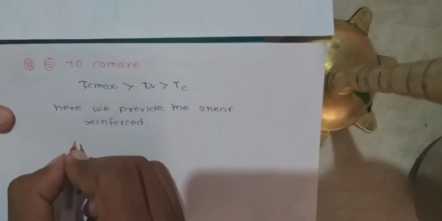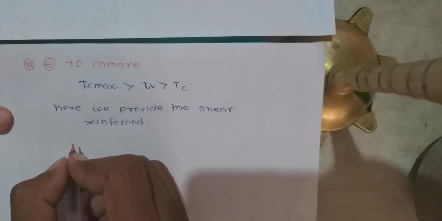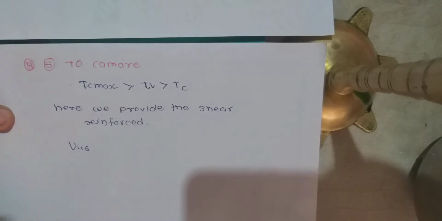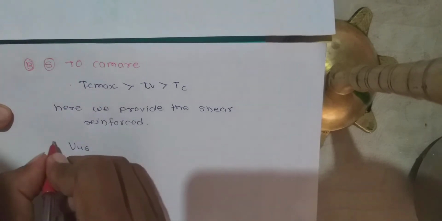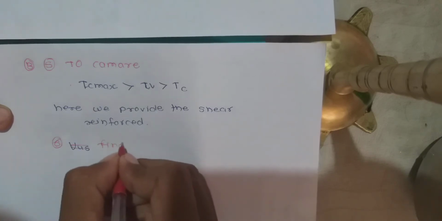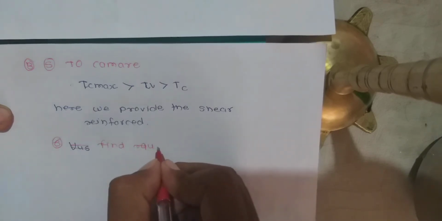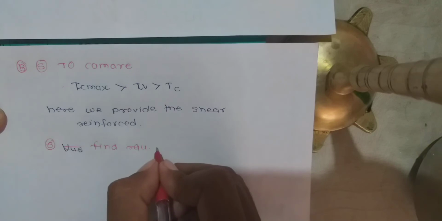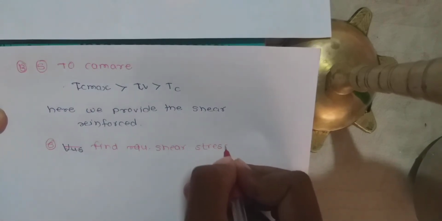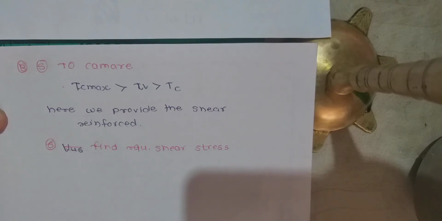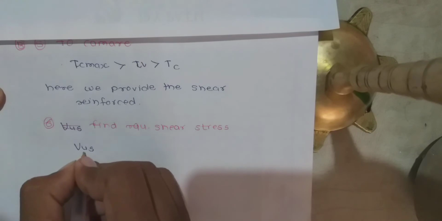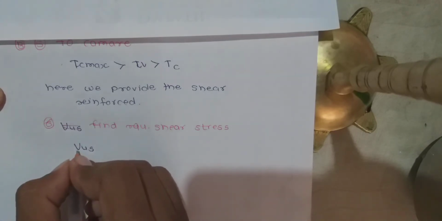So to find how much shear reinforcement is required, our sixth step is to find the required shear stress. It is denoted by Vus. U means ultimate shear.